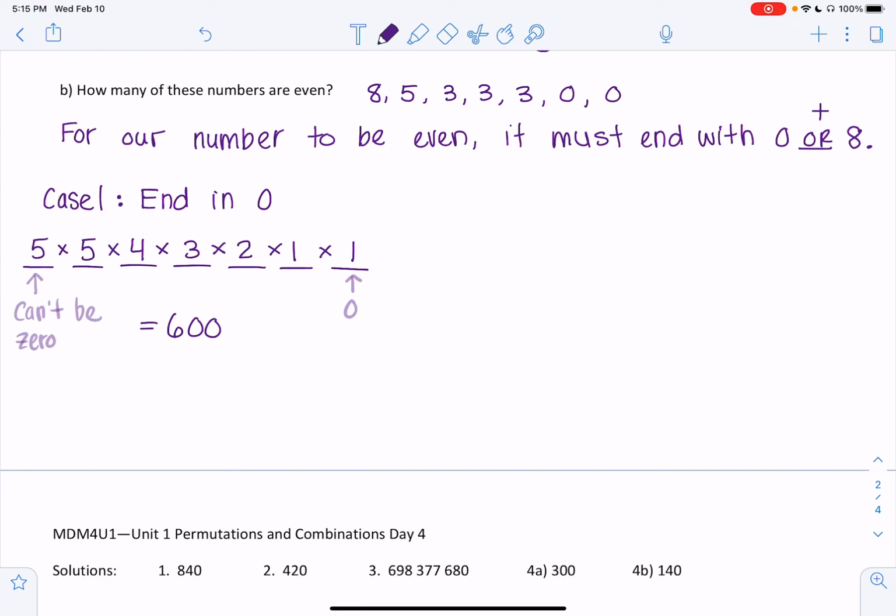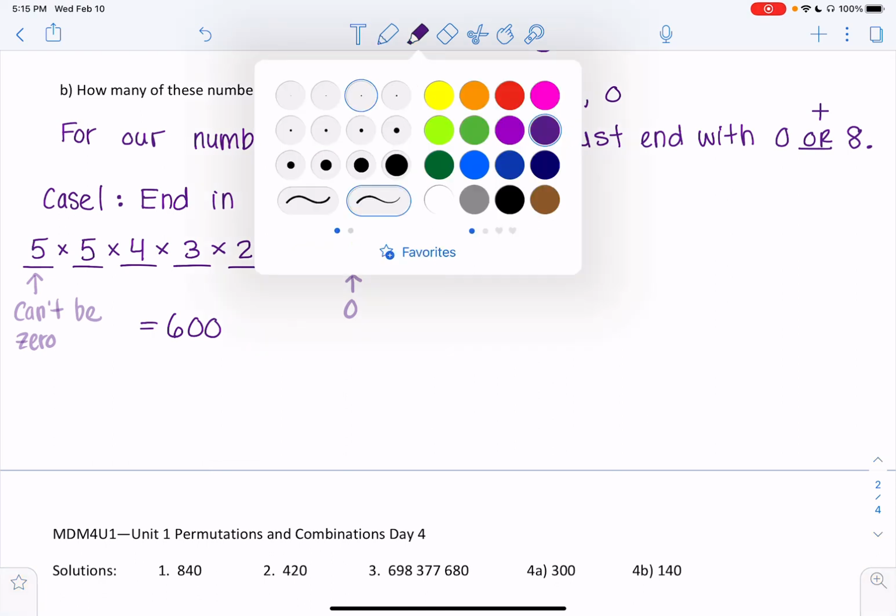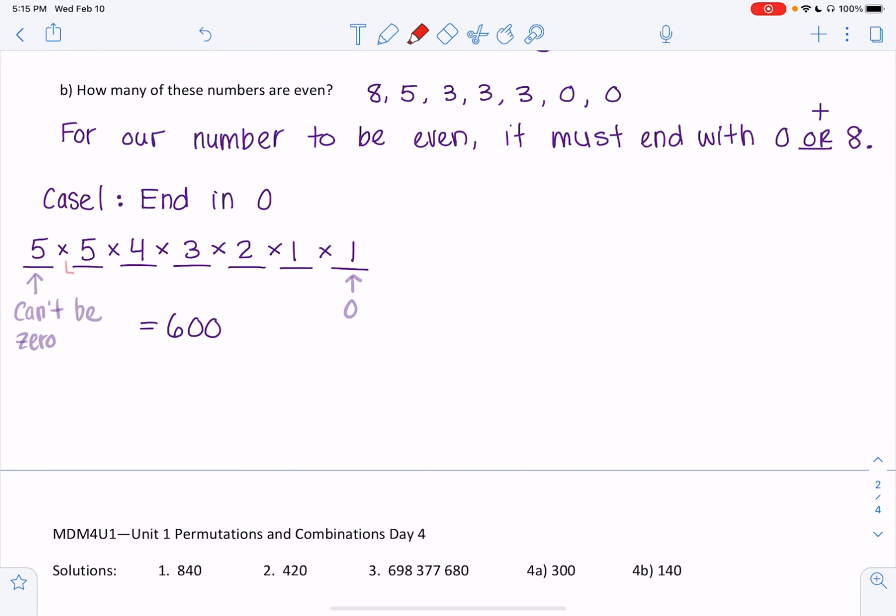600, and now we need to account for our identical terms. This is where things get a little confusing. Because we already have a 0 on the end, and it has to be there, the only area in which I could potentially have any identical terms is in the middle. Because we've already used that 0 on the end, there's only one 0 in this middle bit.